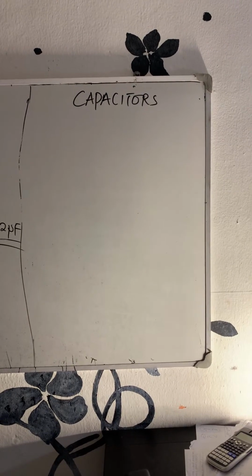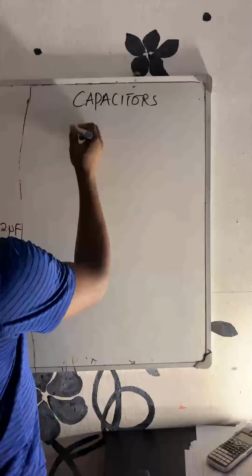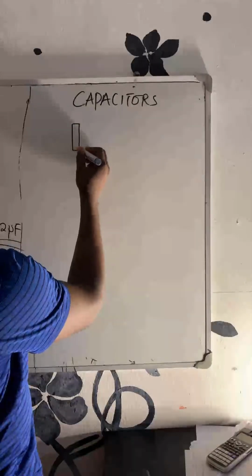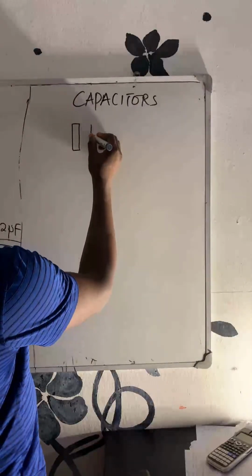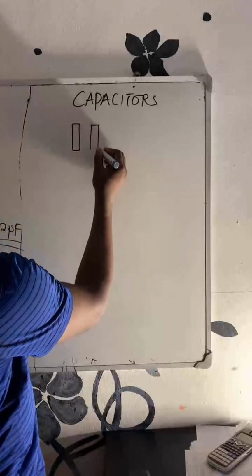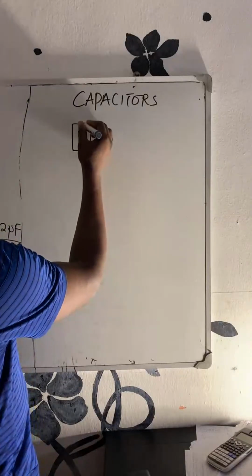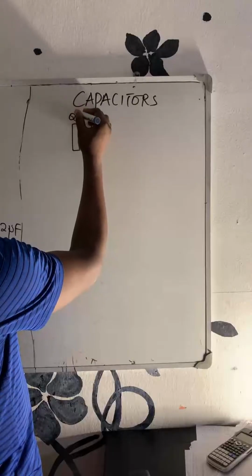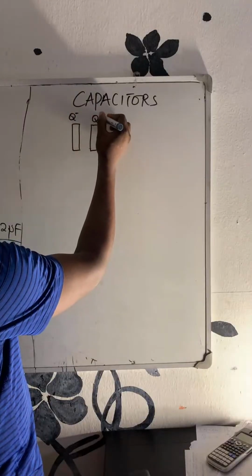What I want to have here today is physics, actually. I want to just go through some questions for a few minutes. I say that a capacitor is a device that stores electricity. We have this arrangement of a capacitor: two conductors, let's say this is Q minus and this is Q plus.